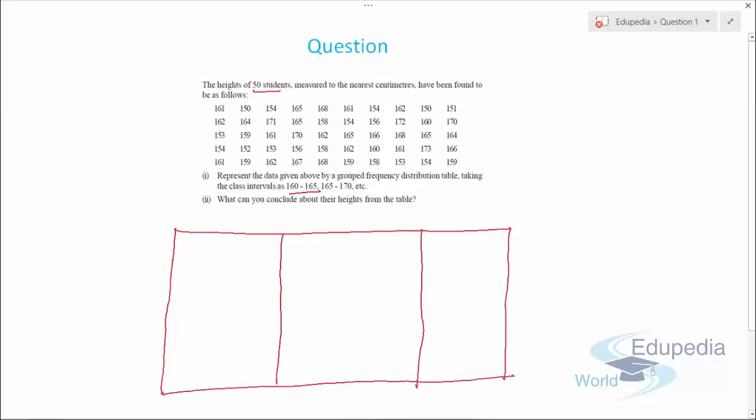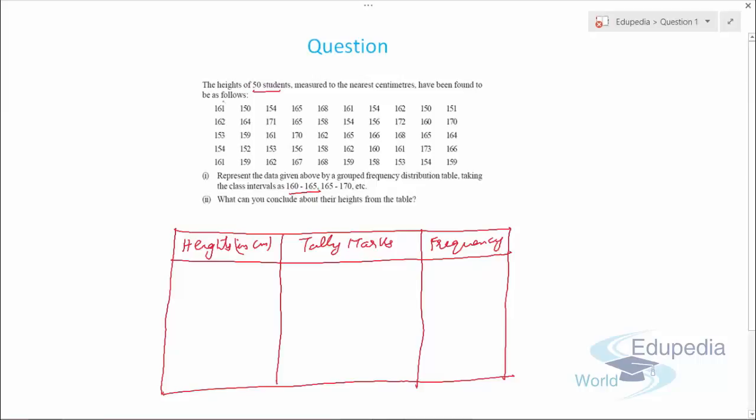We write heights in centimeters here, tally marks here, and frequency here.